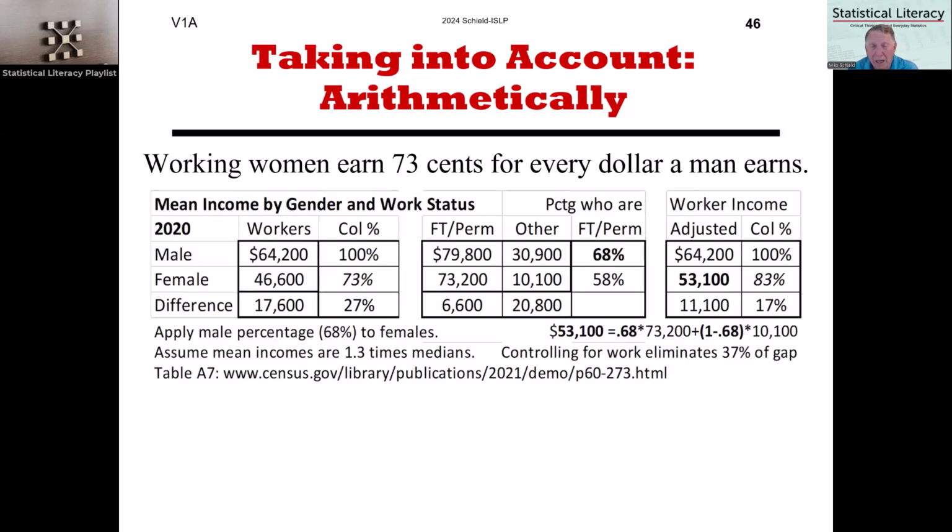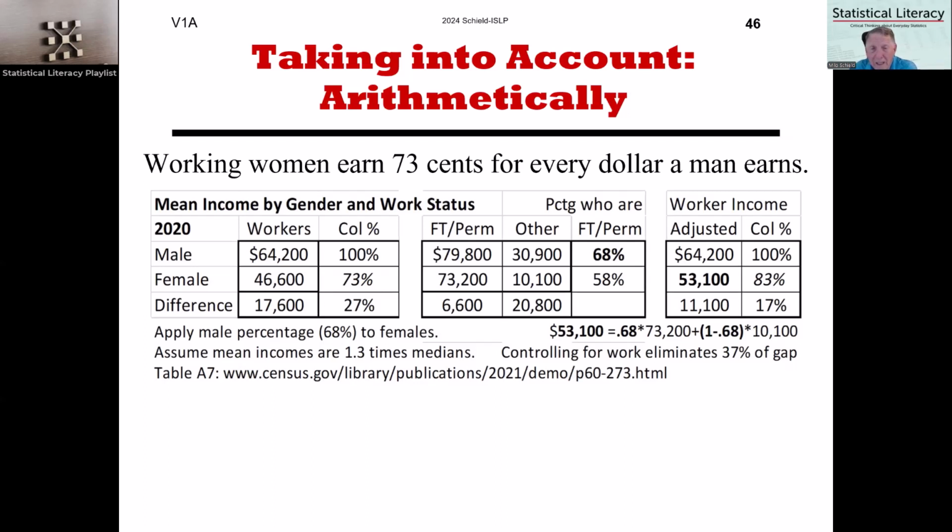So I take the different kinds of work status, full-time, part-time, temp and permanent, and group those into 2 categories: full-time permanent, and everything else. Among full-time permanent, the difference is much smaller, 6,600. Among the other, the difference is even bigger.